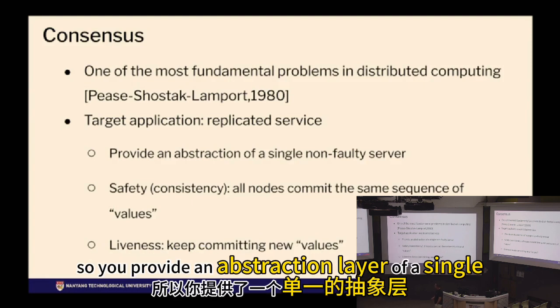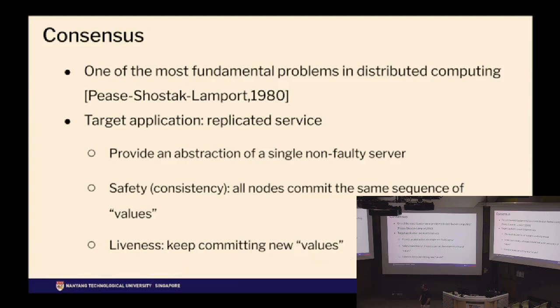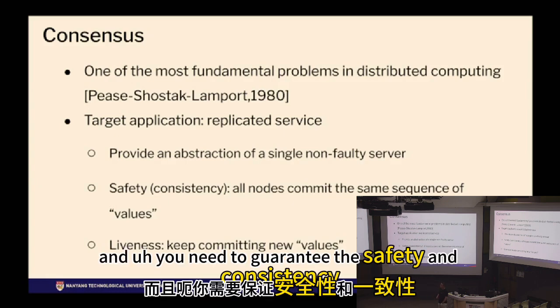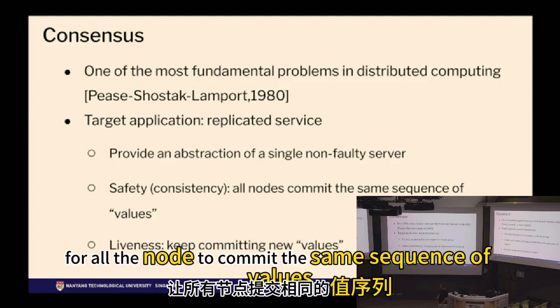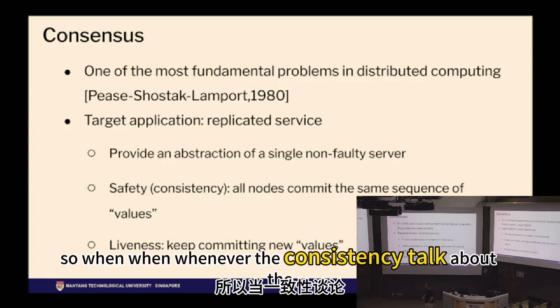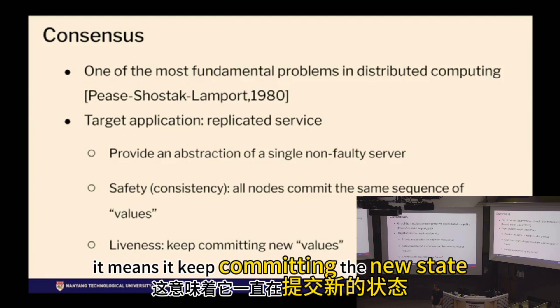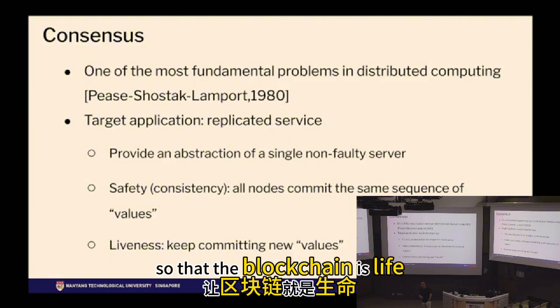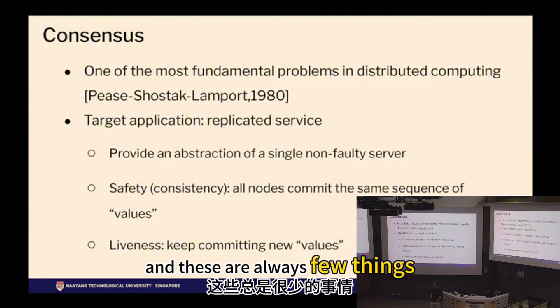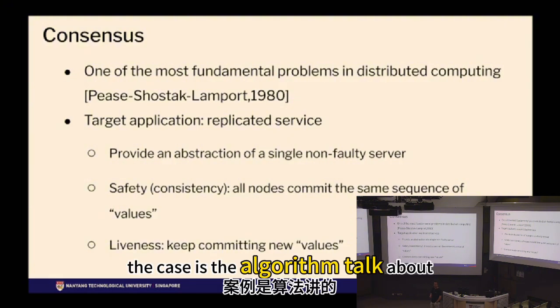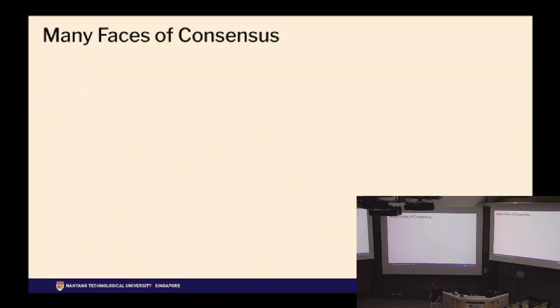It provided the abstraction layer of a single non-faulty server, and you need to guarantee safety and consistency for all the nodes to commit the same sequence of values. Whenever consensus talks about liveness, it means it keeps committing new state or new values so that the blockchain is live. These are always the few things consensus algorithms talk about.